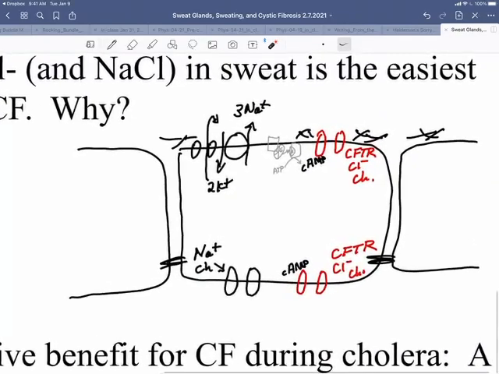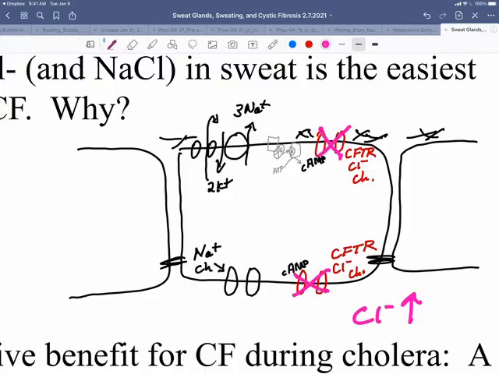So it turns out that cystic fibrosis patients produce sweat that has abnormally high chloride. The reason is that they have a non-functional cystic fibrosis chloride channel. There's a mutation that makes that be absent.